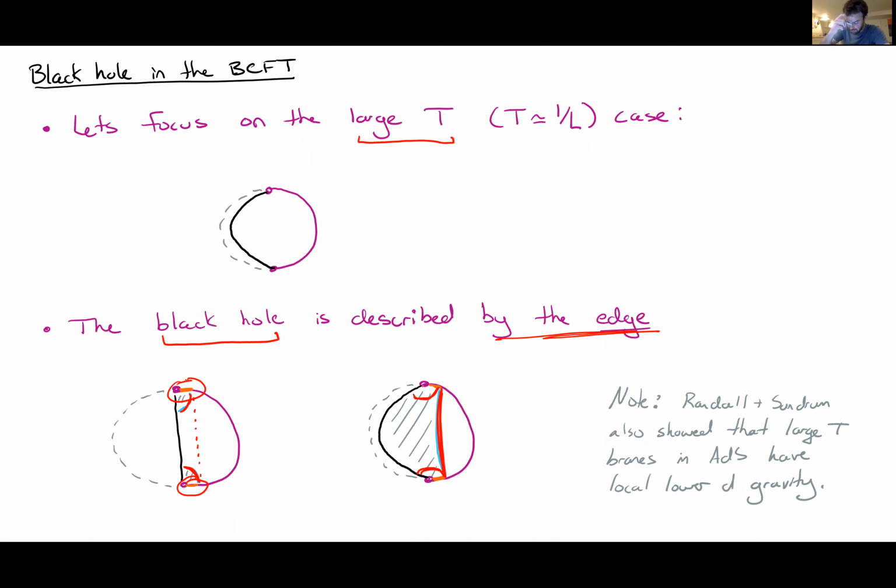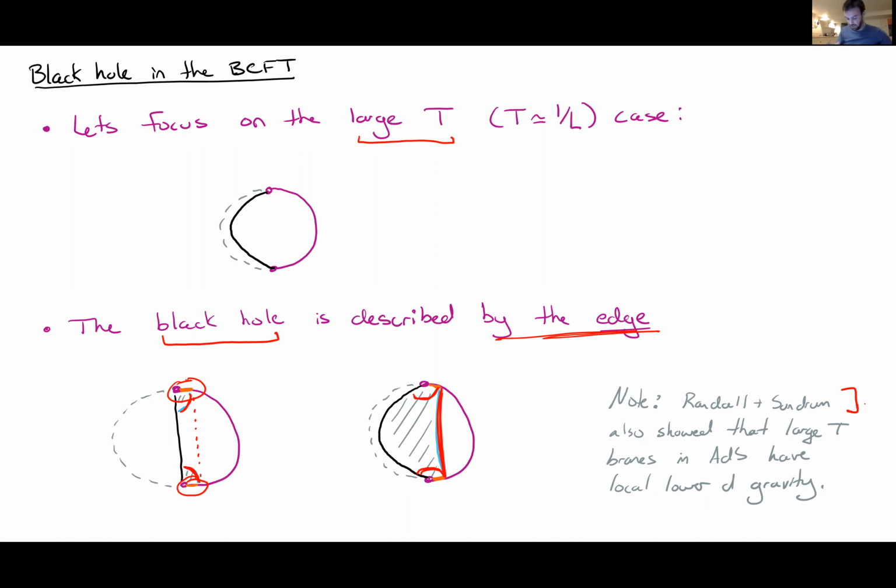Another reason large tension is nice is because this fits with early ideas by Randall and Sundrum, who pointed out that large tension branes in AdS have a lower dimensional effective gravity localized to the brane.